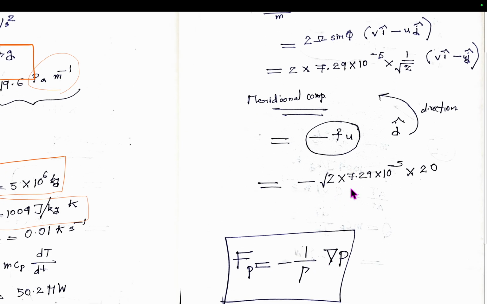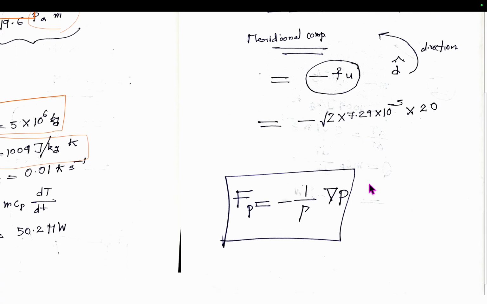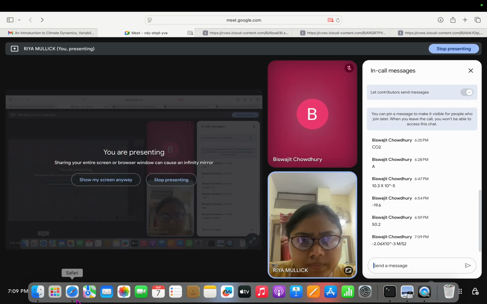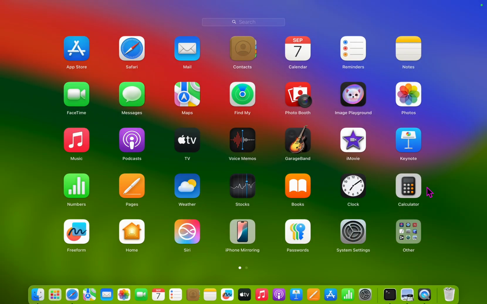So here it would be root 2 into 7.29 into 20 into 10 to the power minus 5, which comes around 2 into 10 to the power minus 3. Yes, 2 into 10 to the power minus 3.